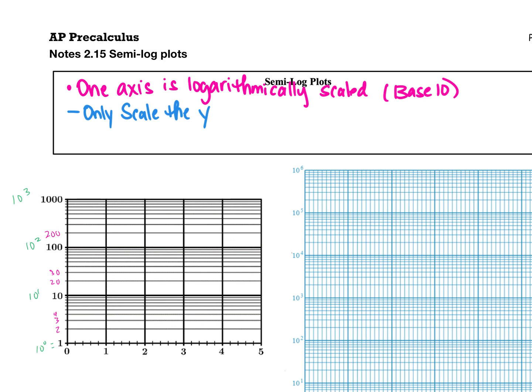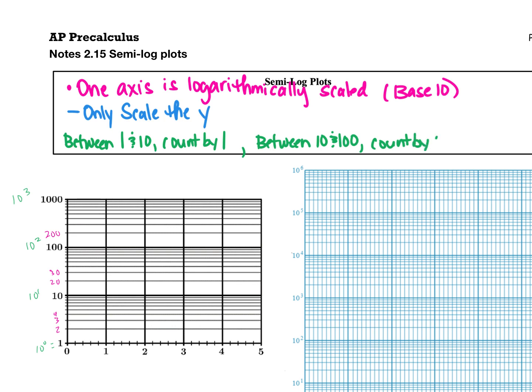I just like to write this note so that I have it. Between 1 and 10, we count by ones. Between 10 and 100, we count by tens.